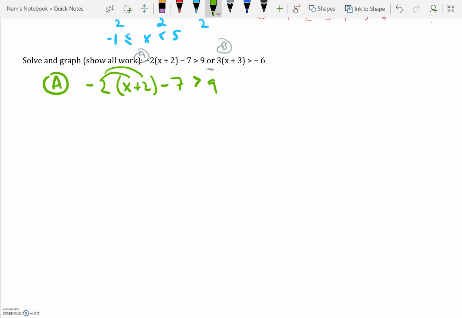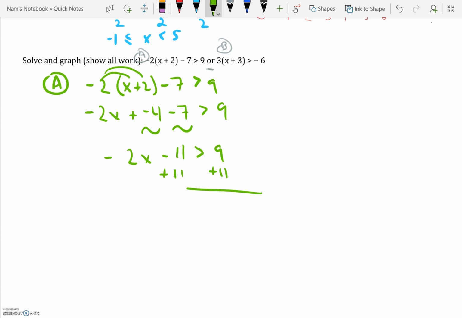Distributive property first, I get negative 2x plus negative 4 minus 7 is greater than 9. Combine like terms, I get negative 2x minus 11 is greater than 9. Here I'm going to do the additive inverse of negative 11, which is positive 11, to both sides.